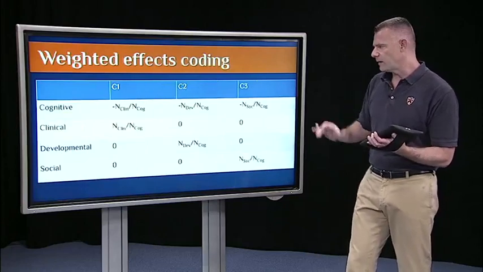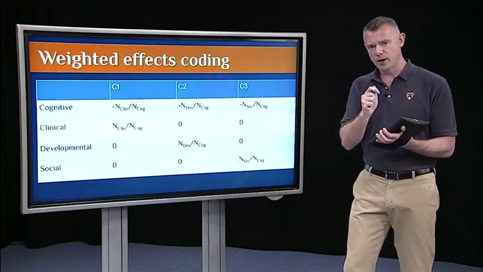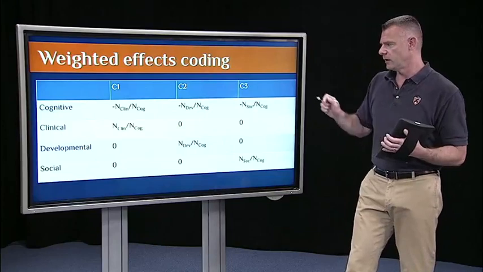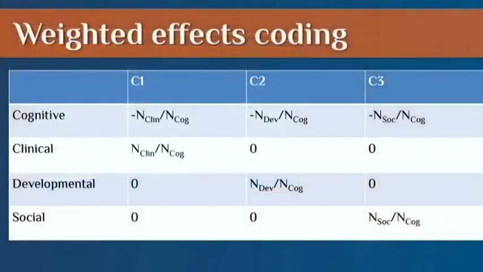So finally, the weighted effects coding. If you wanted to get that regression constant to be the exact mean of all the professors, then you would just have to weight each of them by the number of professors in each group. So instead of -1, it's just negative n, the number of professors in the clinical group, divided by n, the number of professors in the cognitive group, and so on.